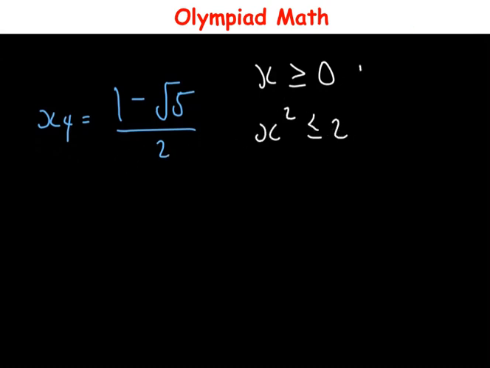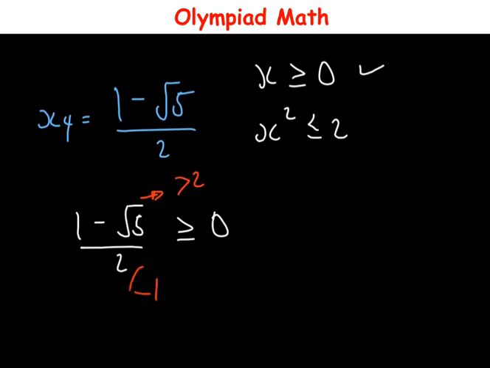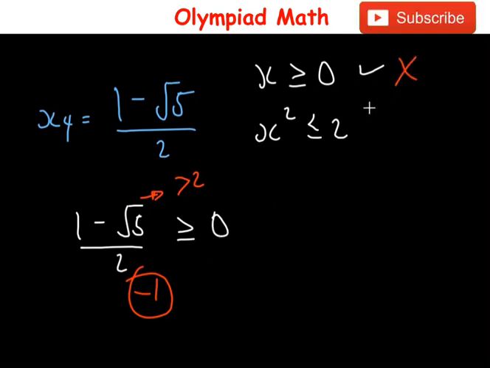So for the first condition of x, that it should be greater than or equal to 0, we have (1 - √5)/2, which should be greater than or equal to 0. Now, the value of square root of 5 will give us a value that is greater than 2, and 1 minus a number greater than 2 gives you a negative value, and a negative value is less than 0, so this cannot work.